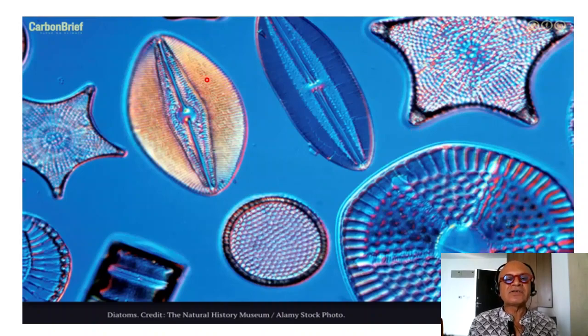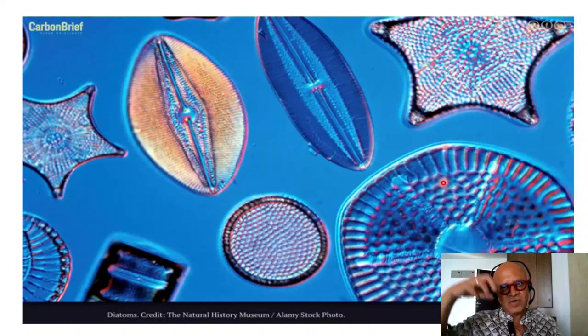There are many phytoplankton in the water that form shells, silica shells and calcium carbonate shells. So diatoms, which is this one here, form a silica shell, and that can fall to the ground and then get buried. So when you take a sediment core, you can get evidence of past climates from it, because the silica shell has signatures in chemistry, magnesium, calcium, silica, other things that are related to the temperature at which the shell formed.